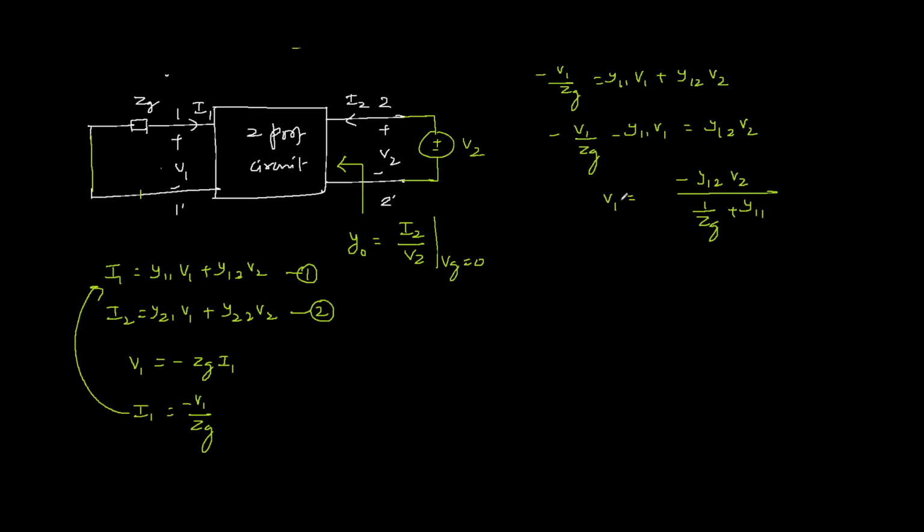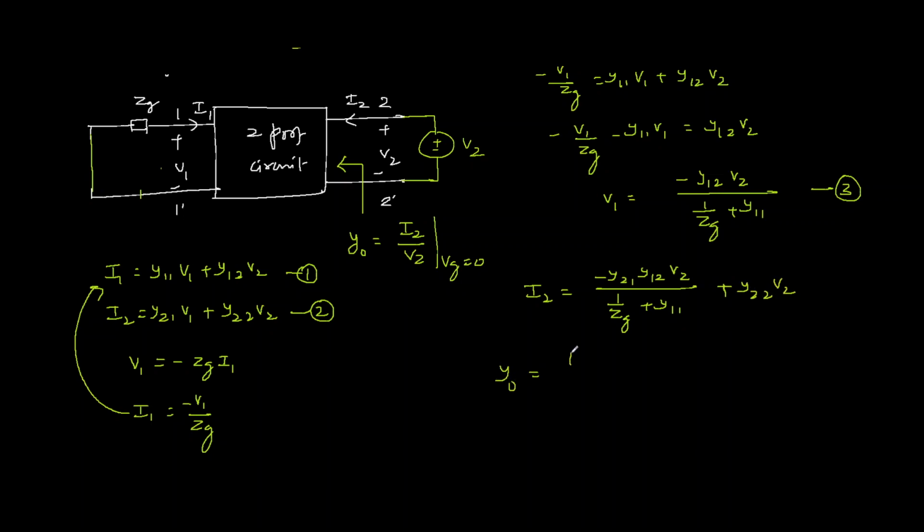Now we substitute this V1, this is third, in equation 2. So I2 is negative Y21 Y12 V2 over (1 over ZG plus Y11) plus Y22 V2.